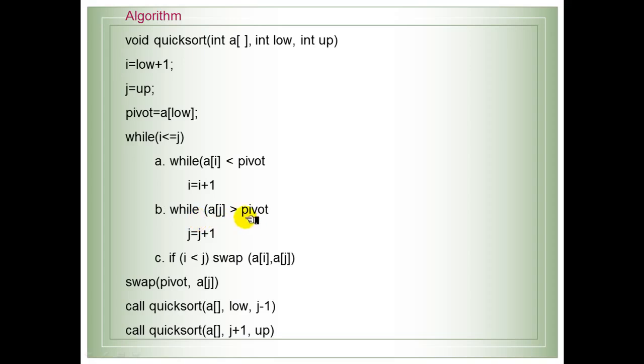It has to be greater. If it is greater, we decrement the j index. Else we come out of this loop and check whether index I is less than j. If it is less, we are going to swap A of I and A of j. If it is not, we come out of this while loop and swap the pivot element with the j element.